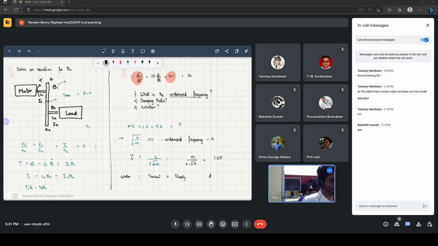Yeah, for transient, we equate it to 0. So if you're equating the transient to 0, we'll get these terms from the equation: a e to the power s1 t plus b e to the power s2 t.